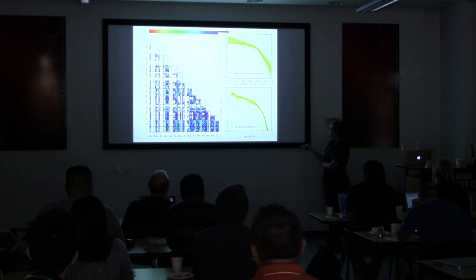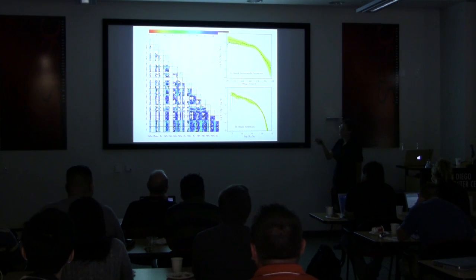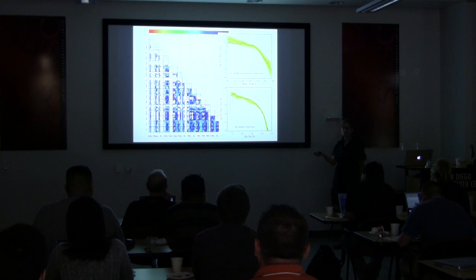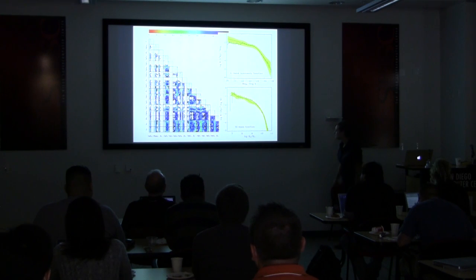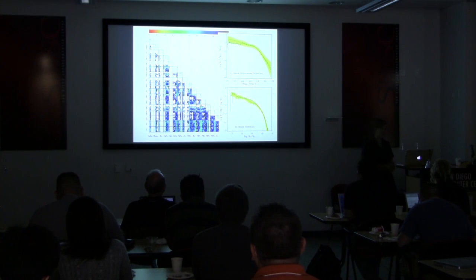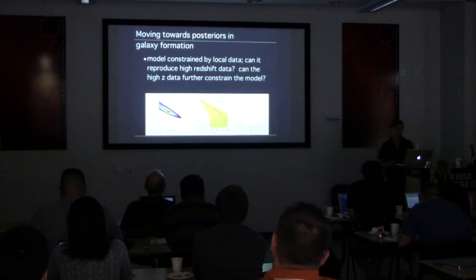And these PDFs on the axis here are the marginalized posterior for these parameters. Okay, so these are parameters specifying star formation feedback, specifying, for example, how gas cools, what's the efficiency of various things.